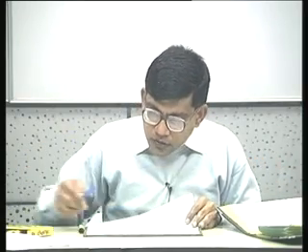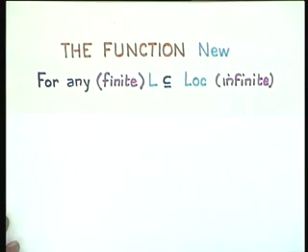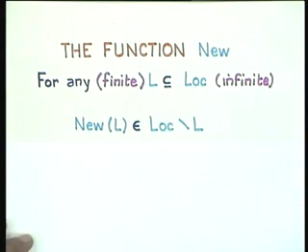So we'll define an implicit function for this purpose, which I'll call nu, which given any finite set of locations gives me a new location that is unused.